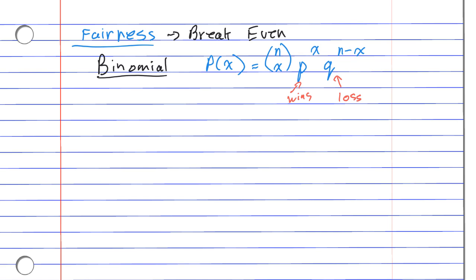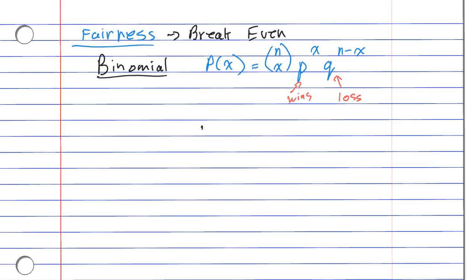Now, when we are doing this for the binomial distribution, the way to calculate its fairness is to take all of the probabilities of winning and multiply by the number of trials.